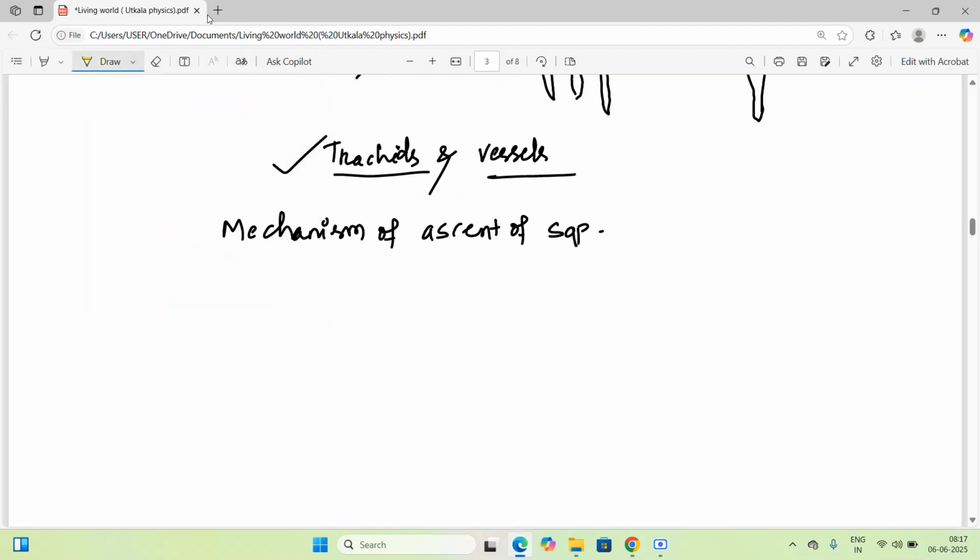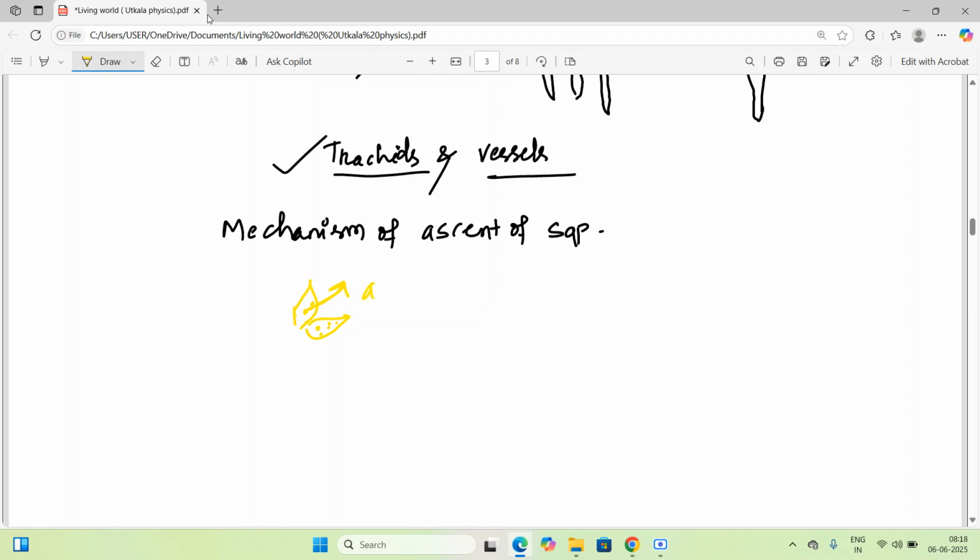Most researchers agree that water is mainly pulled through the plant. The driving force for this process is transpiration from the leaves. We know what transpiration is. If this is the leaf, transpiration is the evaporation of water from the aerial parts of the plant.